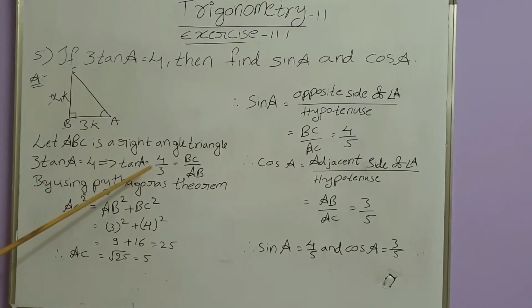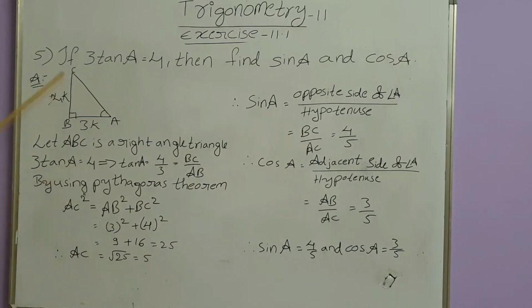So tan A is equal to 4 by 3. What is tan A? Opposite side of angle A by adjacent side of angle A. Opposite side is BC. Adjacent side is AB. So, BC by AB.